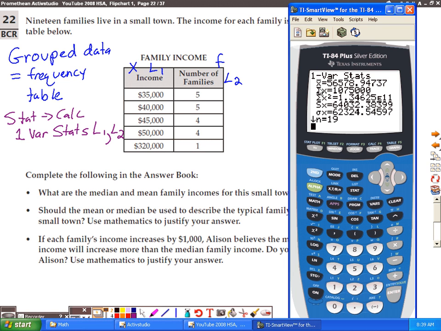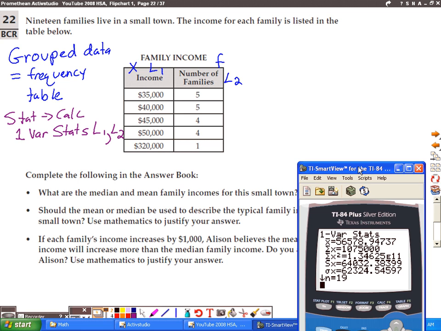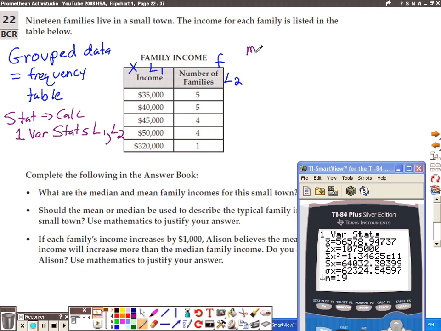That first number we see, the little X with the bar over it, that's our average. That's our mean. So we're going to write down that we have a mean. And because it's money, we'll round to the nearest penny. $0.95.